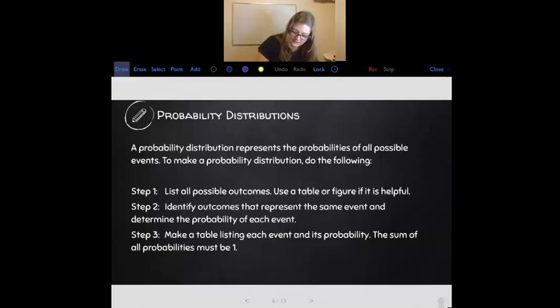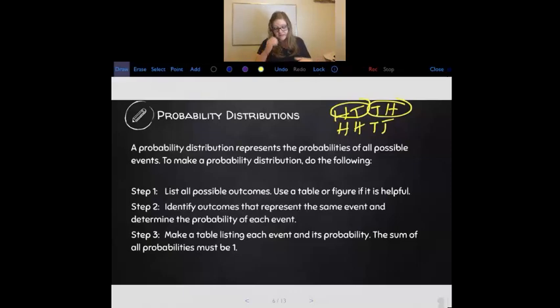You could get heads, tails, heads, heads, tails, heads, tails, tails. Both heads, tails and tails, heads represent getting exactly 1 head or 1 tail. Then make a table listing each event and its probability, and to double check, the sum of all those probabilities must be equal to 1.